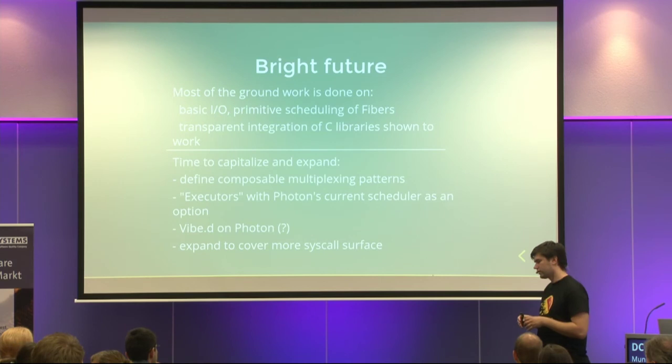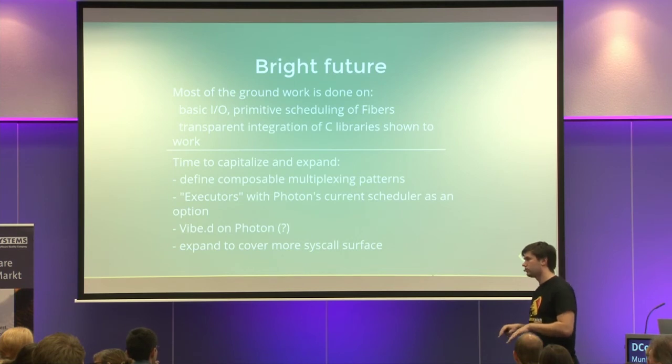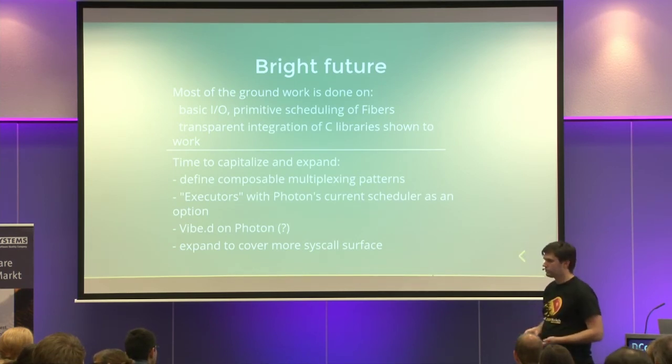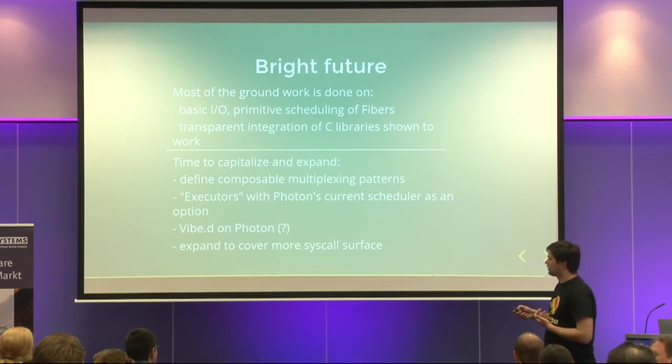Photon should not care about user-land things. It should be there at the most common layer down there. And the rest would easily be done on top. That was the point. And of course, more syscalls to cover, and maybe we need some kind of executors, really.